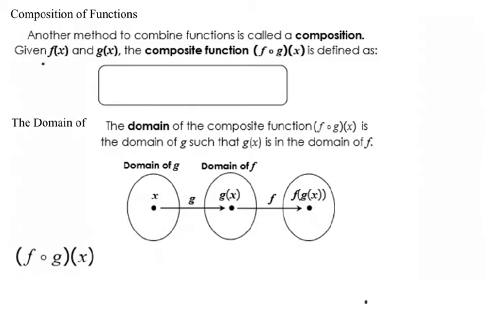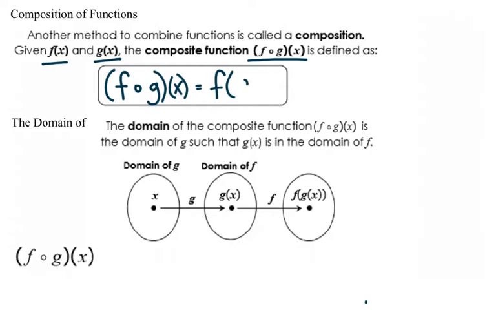So usually they'll give you f of x and g of x. The composite function looks like this. f of g of x is defined as, so that's how you say it, f of g of x. It's going to look like this. f goes on the outside and g is on the inside.